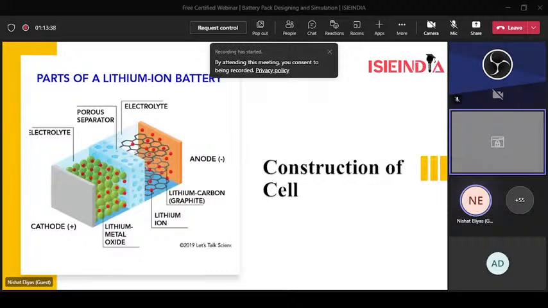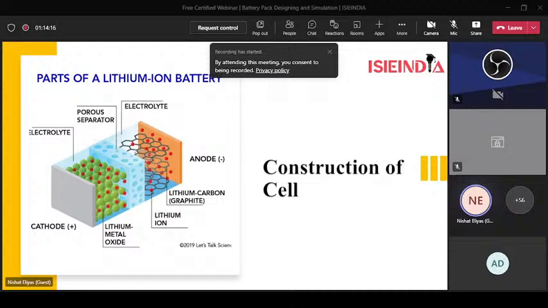Basically there are three parts in the cell: the cathode, anode, and the electrolyte. The cathode is the positive terminal, while the anode is the negative terminal of the cell.